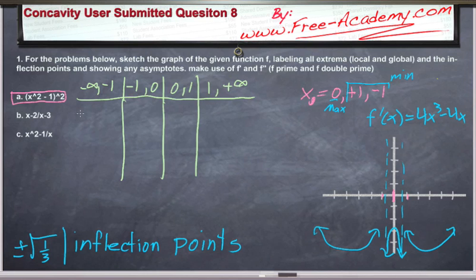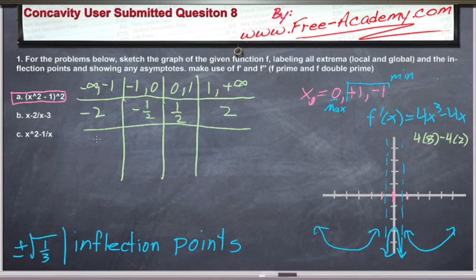We need to pick out some test values, so this will be negative 2, negative 1/2, positive 1/2, and 2. Let's plug those into our equation here. For the first derivative, putting 2 into the equation is going to give us 4 times 2 cubed, which is 8, so 4 times 8 minus 4 times 2.